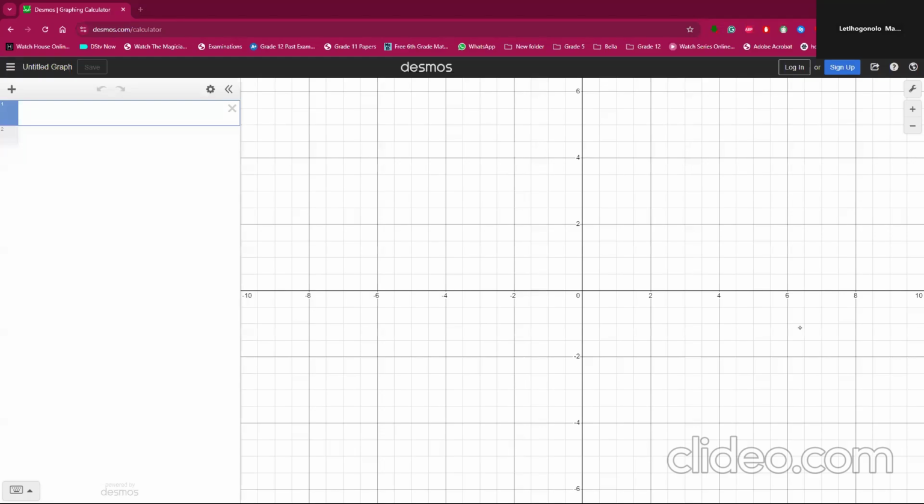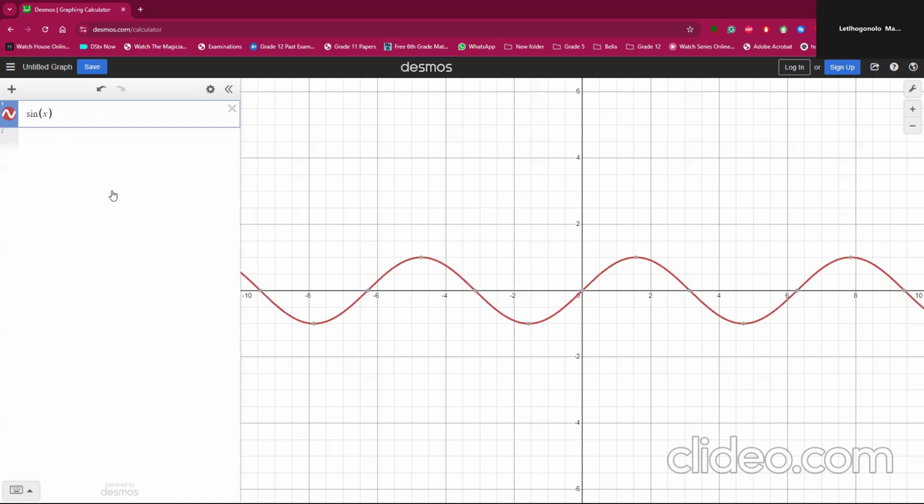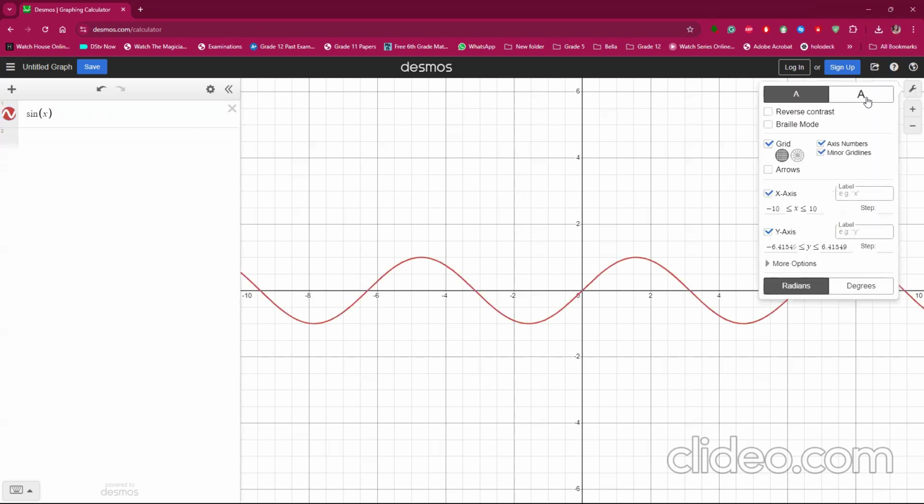Okay, let's have a look at the graphs we can have. Let's start with our normal sine graph. This is a normal sine graph. Let's move it from radians to degrees.